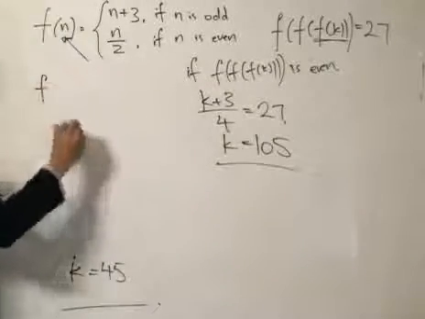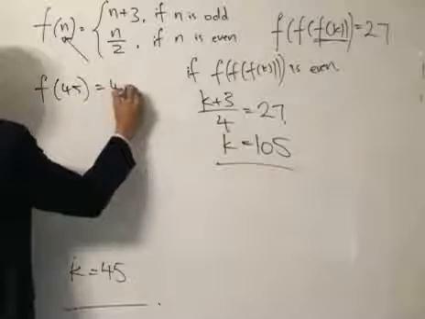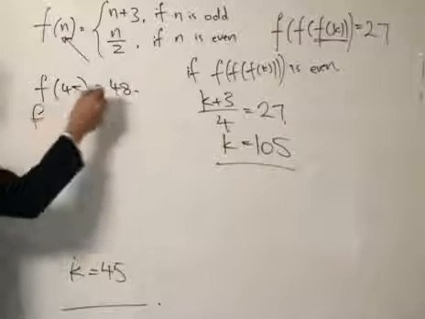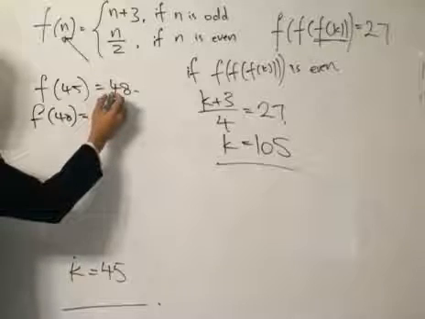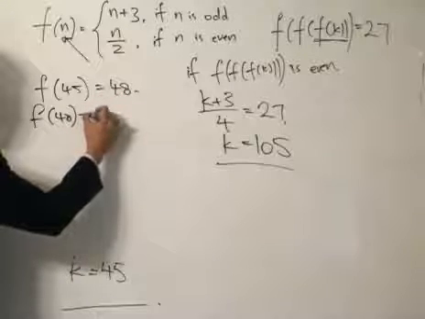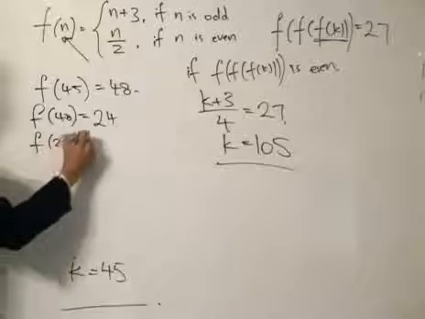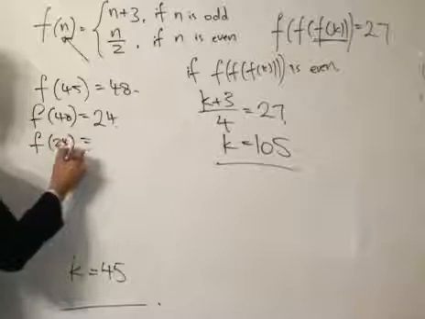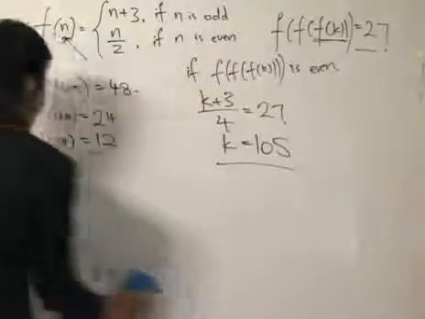So function 45, now this is odd, right? So it'll be 48, okay, my apologies. So function of 48 is even, and this would give us 24. And since this is even, we divide by 2, okay, this will give us 12. Now this does not equal 27, so that one is definitely wrong.